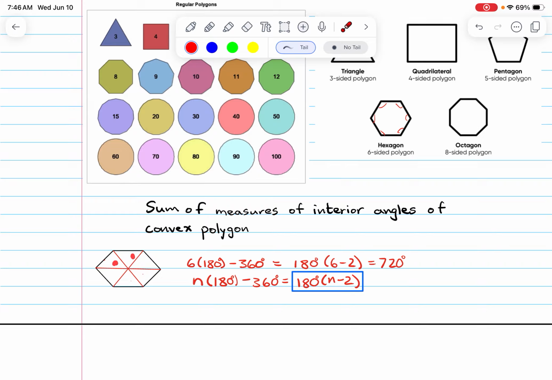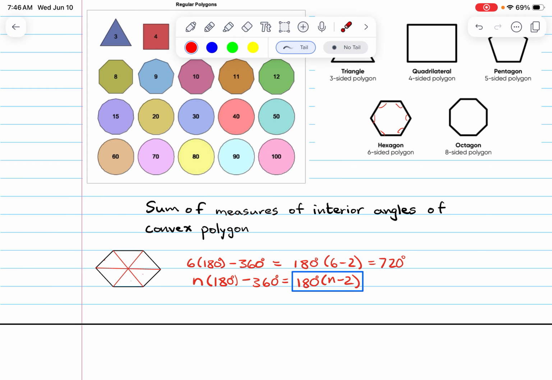So I'm going to take these triangles, 6 times 180, and subtract off the sum of the angles of the center. So I take 6 times 180 minus 360, and I'm going to factor out the 180, and I get this, which is 720.